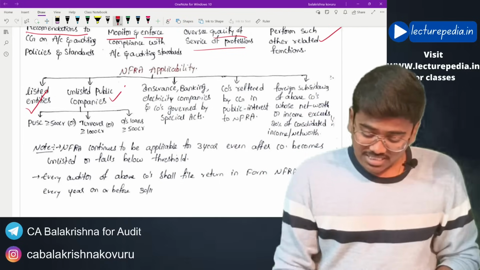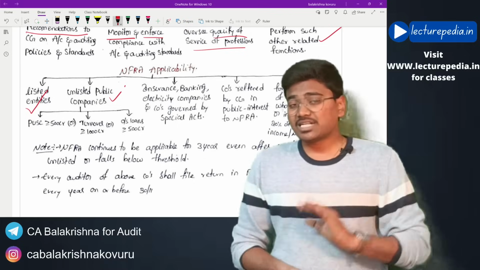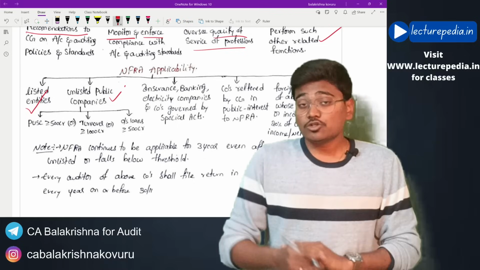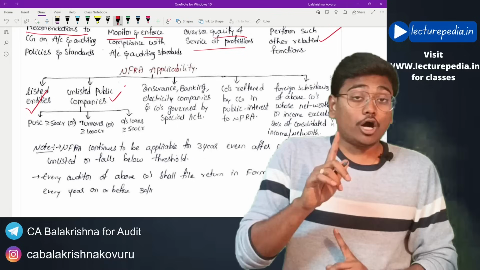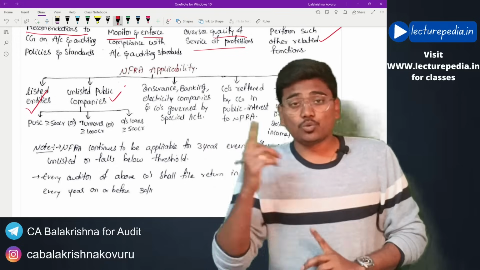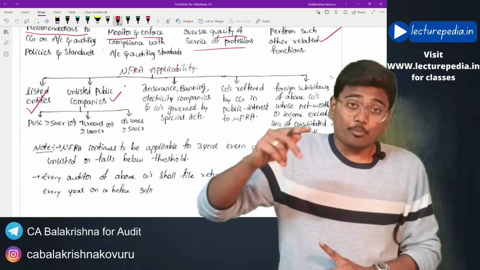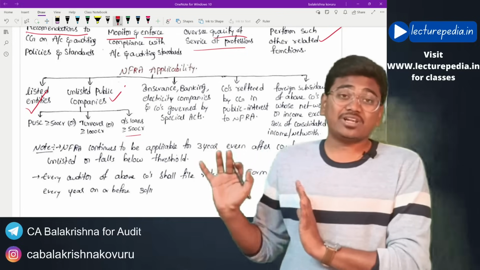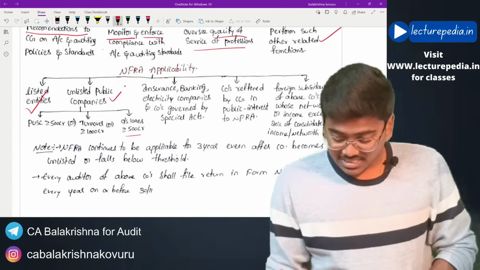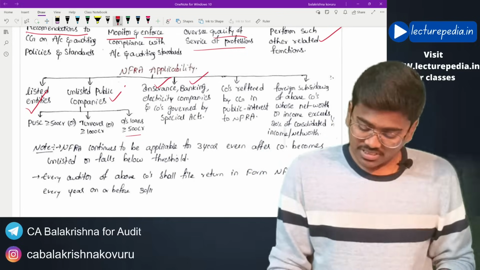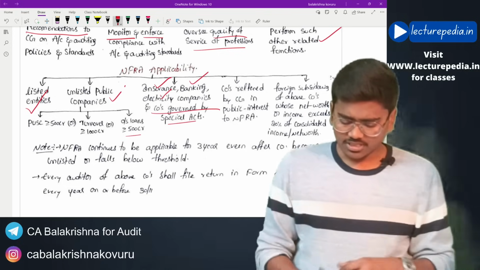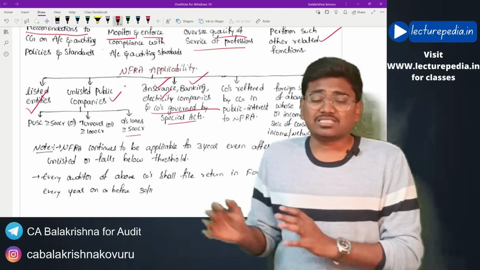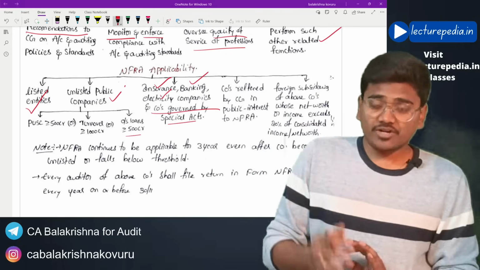And unlisted public companies whose paid up share capital is more than or equal to 500 crores or turnover is more than or equal to 1000 crores or borrowings are more than or equal to 500 crores. Okay, this is for unlisted public companies. Next, insurance companies, banking companies, electricity companies, and companies governed by any other special acts. Even for these companies, NFRA will be applicable.